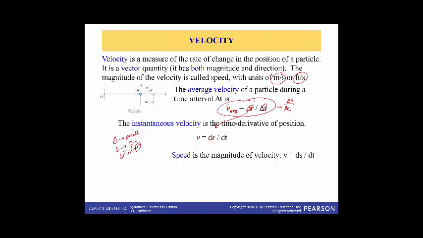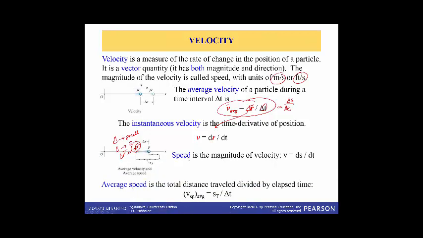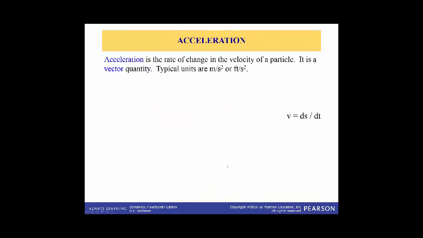And then, of course, the instantaneous velocity would be at that specific moment, and then the speed at a certain moment in time is what we call the speed. And the average speed would be like the average velocity, okay? Same thing.